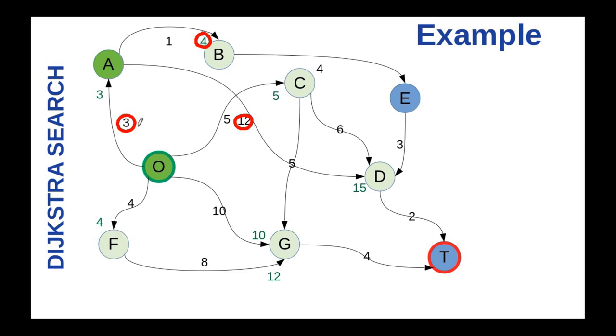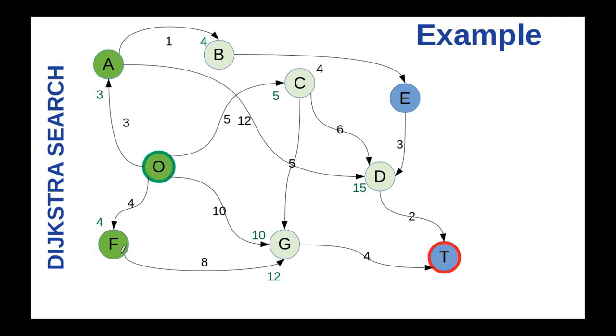So now we have a tie, as you can see here. We have a tie between B and F, so we can choose either. Let's suppose that we choose F. So now we will assess all the neighbors of O, A, and F, because these three nodes are already visited nodes.